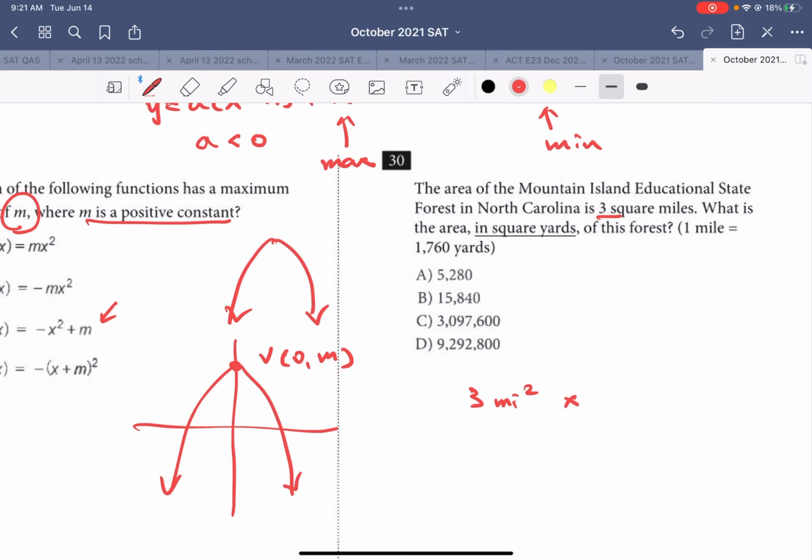So 1 square mile is 1760 yards squared. Make sure you square this too, because 1 mile represents 1760 yards. So when you multiply and put it in the calculator, you will get this value. So this one is changing into a different unit.